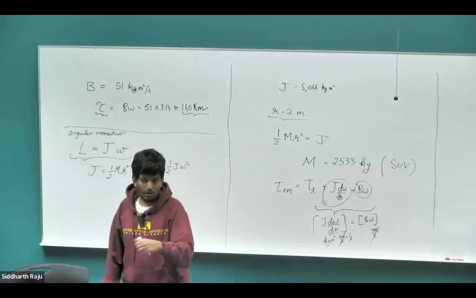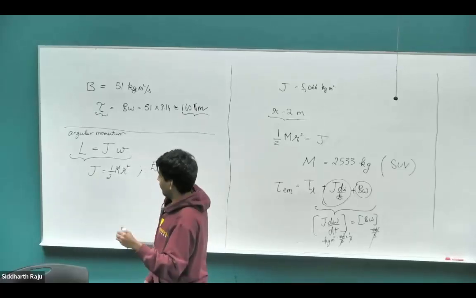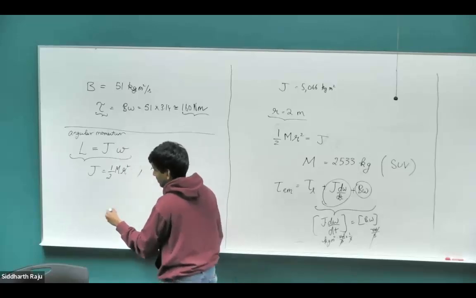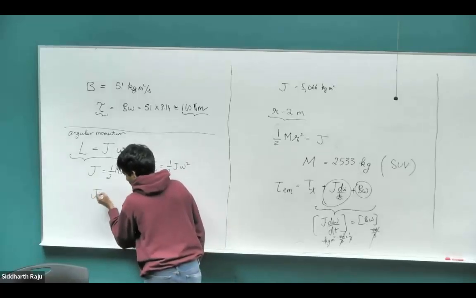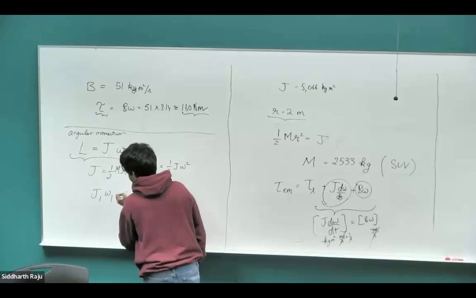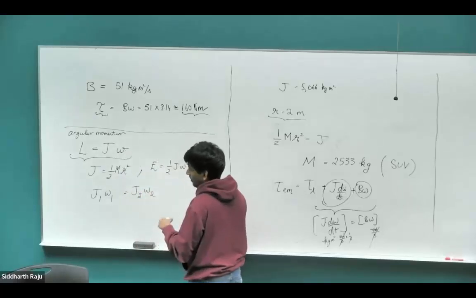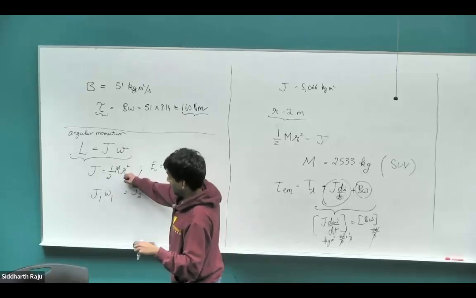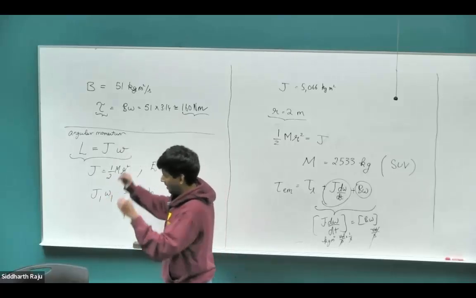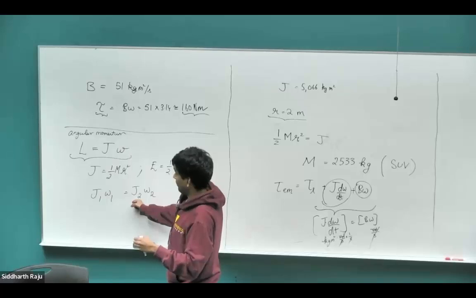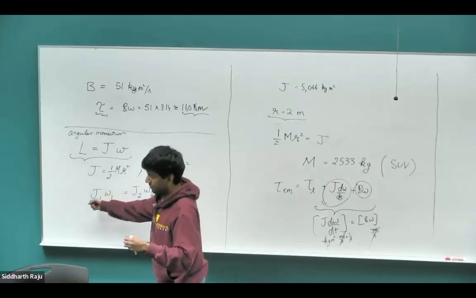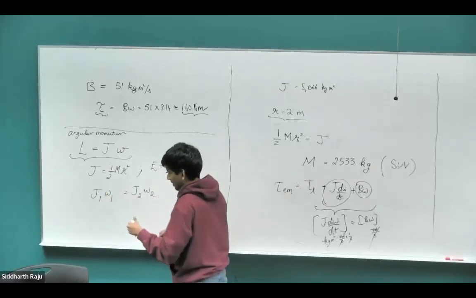There is no additional torque coming from the external world. So within this closed system, the angular momentum is conserved. Previously it was J1 omega 1. This must always be equal to J2 omega 2. Let's say when their hands were stretched out, the inertia was some value. When their hands are collapsed, let's say the inertia is 1/8 of what it was before.